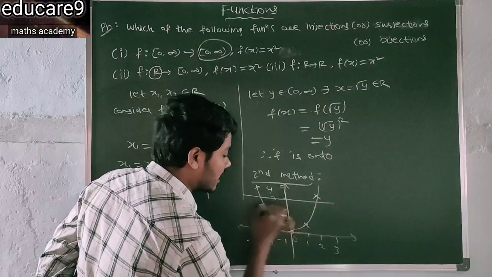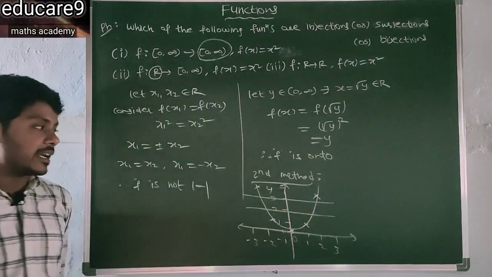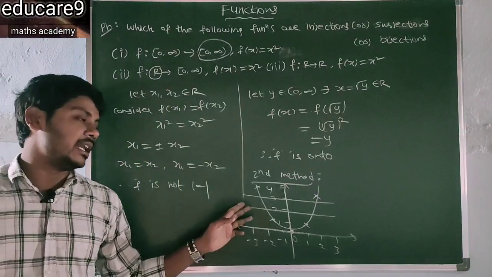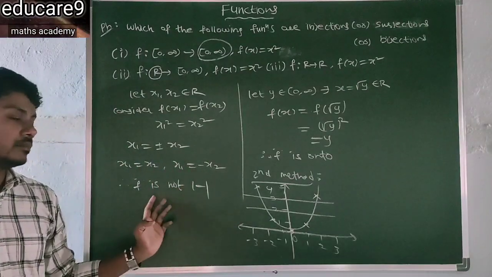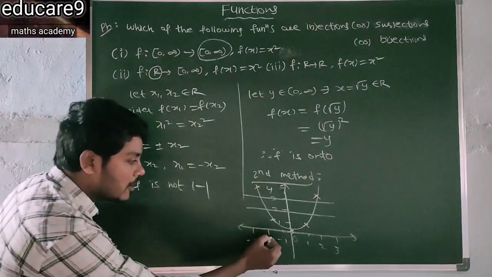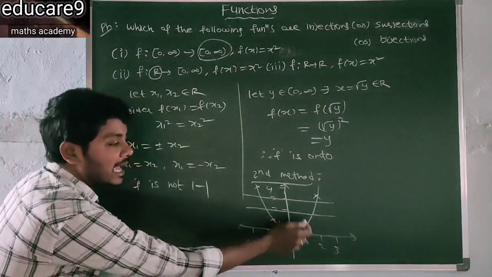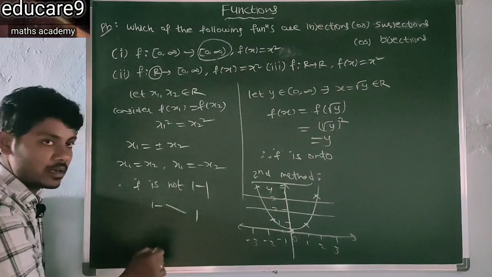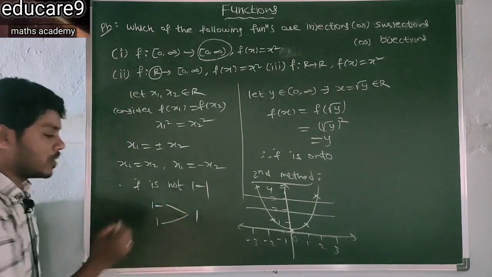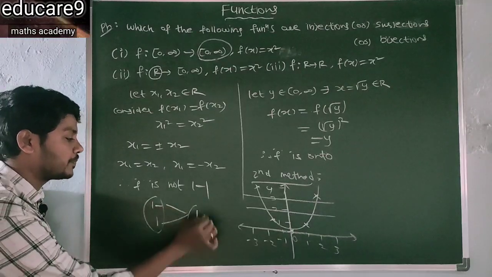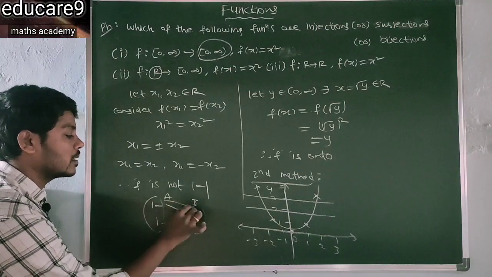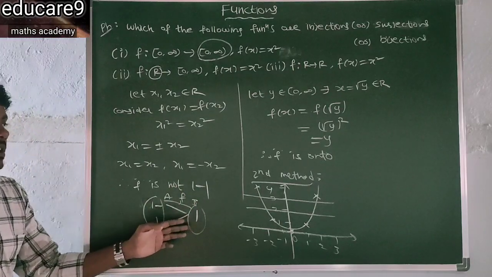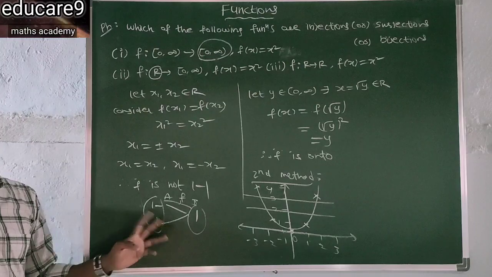Now draw the horizontal lines. Here the horizontal line touches the given graph at two distinct points. So clearly it is not 1-1, because both minus 1 and 1 have the same image. Minus 1 is mapped to 1 and 1 is mapped to 1. So in this case it is not 1-1.